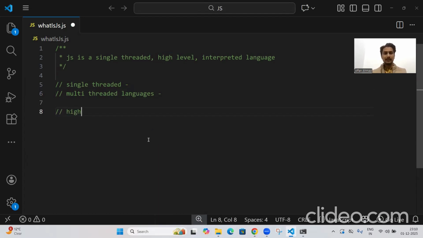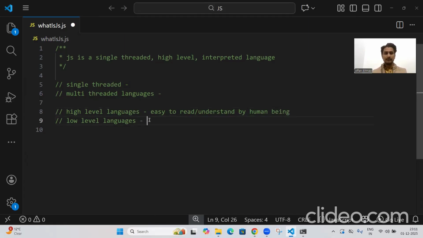So we have high-level languages, then we have low-level languages. High-level languages are those which are easy to read and understand by human beings. However, low-level languages are those which are easy for computers to understand but hard for humans. Okay.